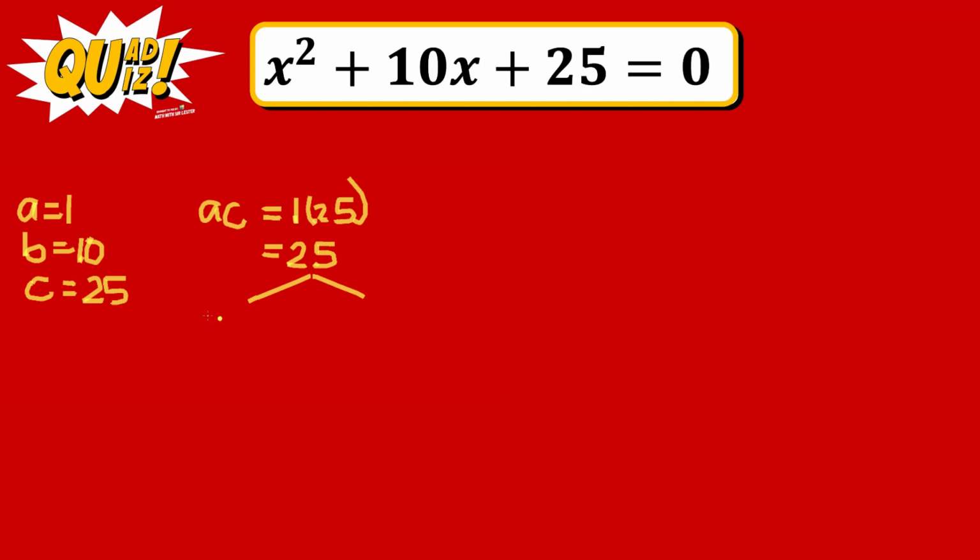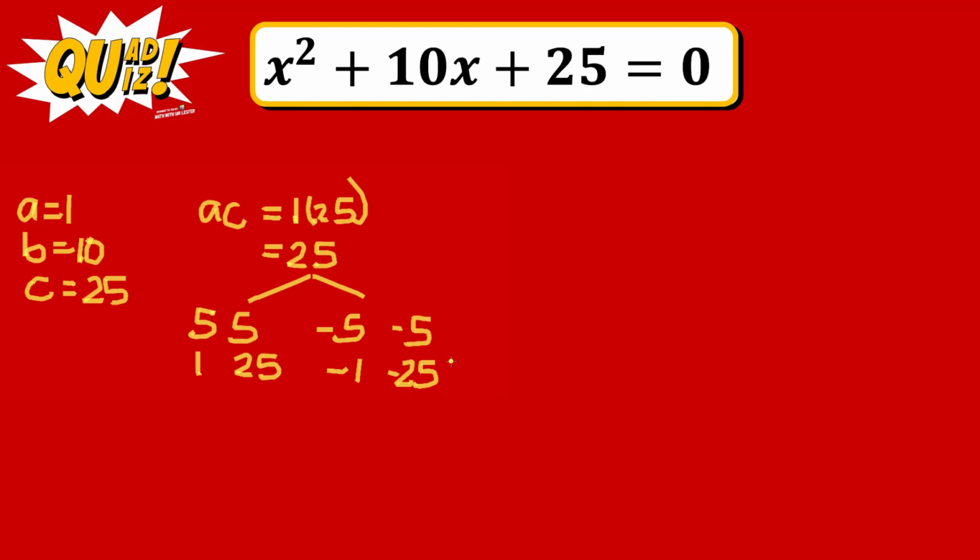So one of the factors is of course the very well-known 5 and 5. But you could also use 1 and 25. This is positive. You could also take negative 5 and negative 5, and negative 1 and negative 25. All of these 4 pairs of factors, when multiplied to their corresponding pair, will result to 25.